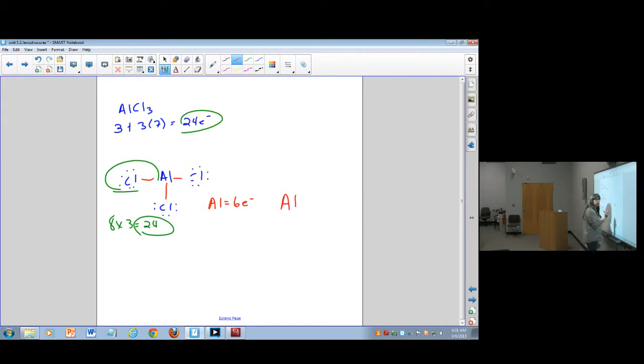Aluminum is in period 3, and it has 3 places where it can form a bond. So this is an electron deficient structure, but it's perfectly fine in this form, aluminum chloride. 3 bonds and nothing else.